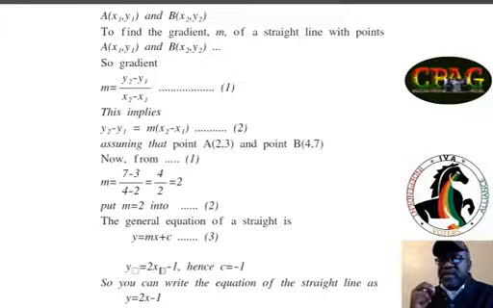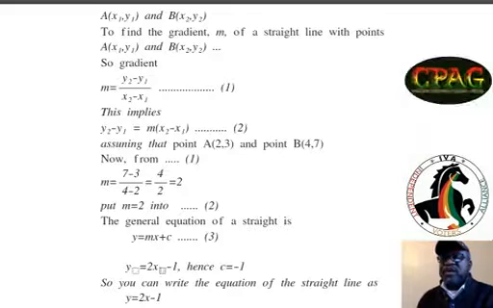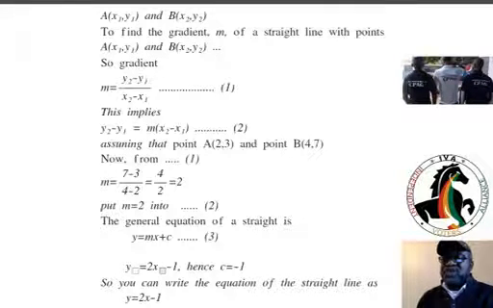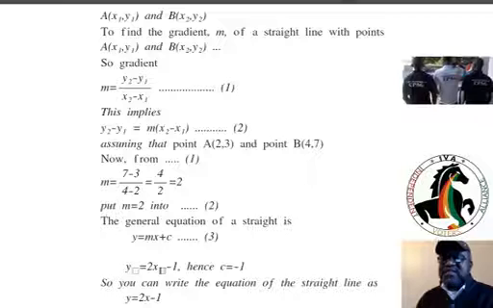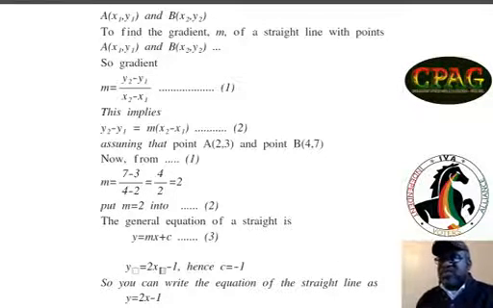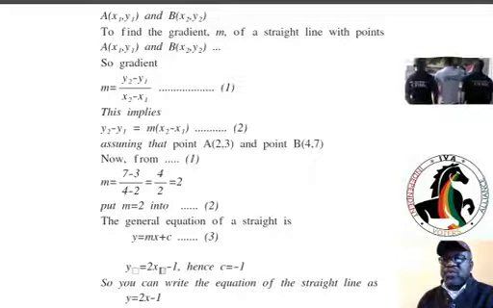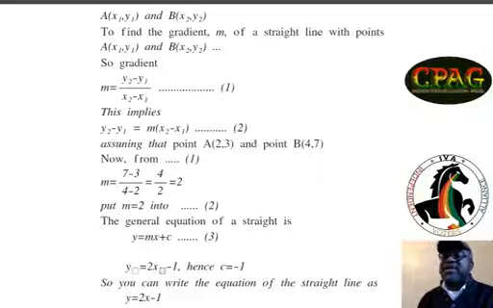If you have the y value there, that is the c. If the question gives you a point where x is 0 and y is something, the c is the value of the y. That one is straight away given to you. So if you have the equation y is equal to mx plus c, you've already been given the c.